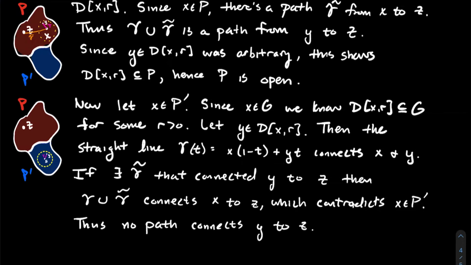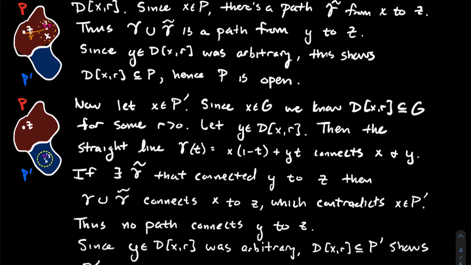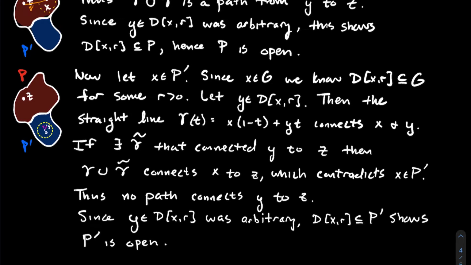Therefore, no path connects y to z, and another way to say that is that y is an element of P prime. Right? That's the criteria to get into P prime. There's no path that connects you to z. So y is in P prime, therefore what we've shown then is that any point inside that disk is in P prime, so therefore the disk is a subset of P prime, and of course what we've also just shown is that any element of P prime has a neighborhood that's contained in P prime. In other words, P prime is open.